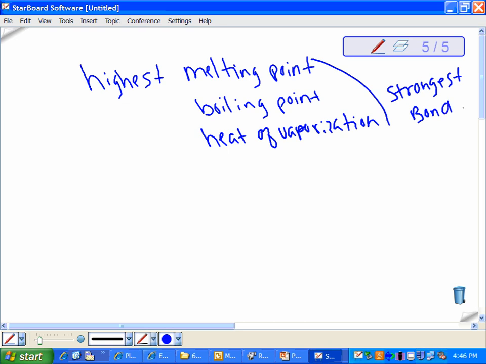And it would go in order from ion-ion, hydrogen bonding, dipole-dipole, and London being the last one.